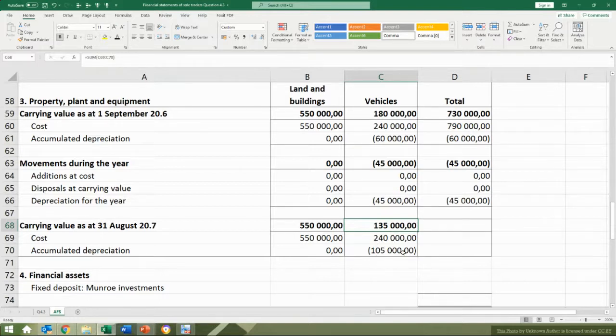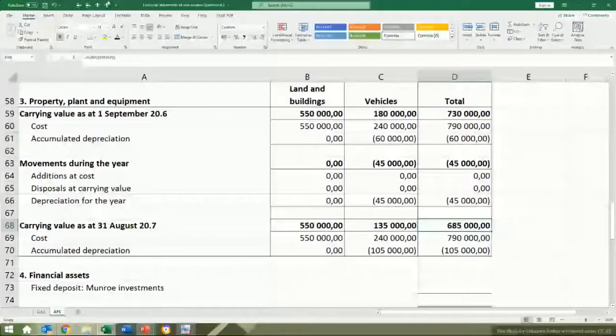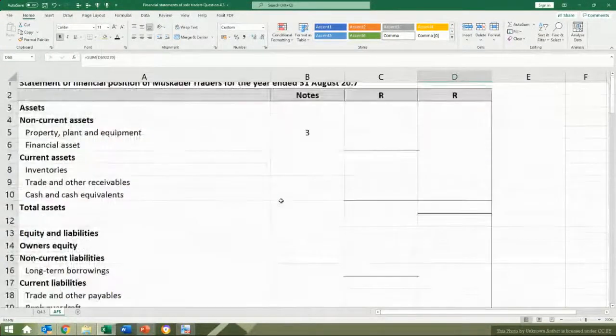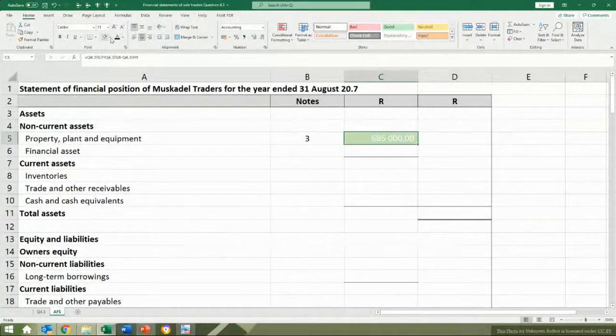Now, how do I actually test if I did this correctly? I take the 180 here, less the 45 total there, and you should get 135 as well. Then you know you've done it correctly, and then I just add the land and buildings column to the vehicles column to get an amount of 685. Now this carrying amount, just going to highlight the screen, is what I then disclose here at the top, the 685.